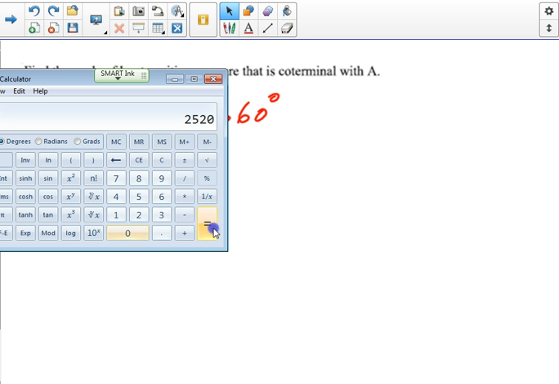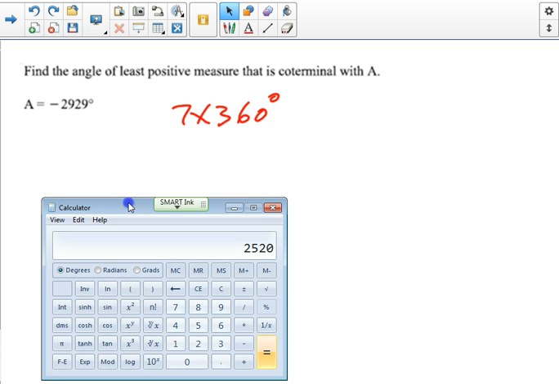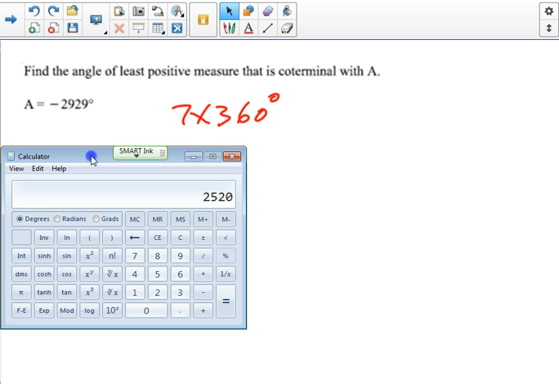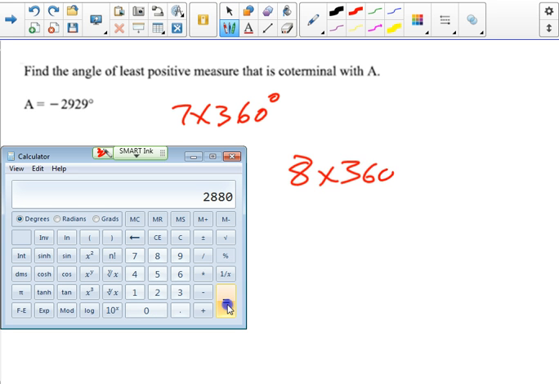I can use a calculator. 2,520. That's fine. I can still do one more. So I'm thinking 8 times 360. All right, so 8 times 360 is going to be 2,880 degrees. That is going to be almost there.